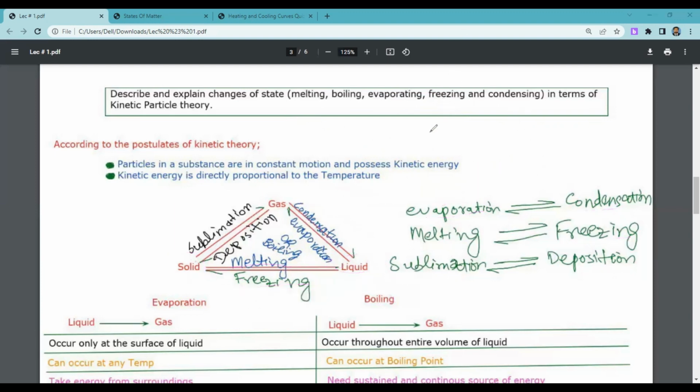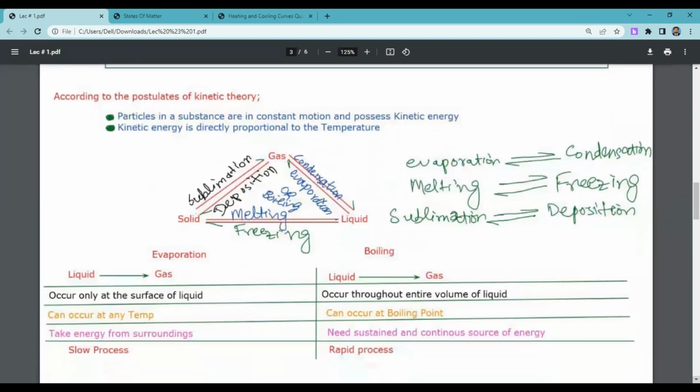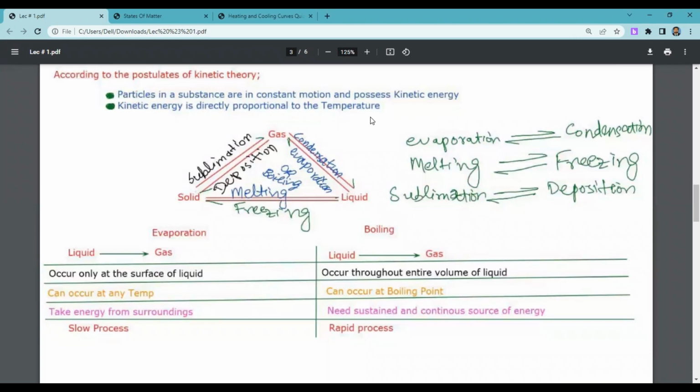Now, what is the difference between evaporation and boiling? One thing is common in these two processes: in both processes, liquid is converted into gas.